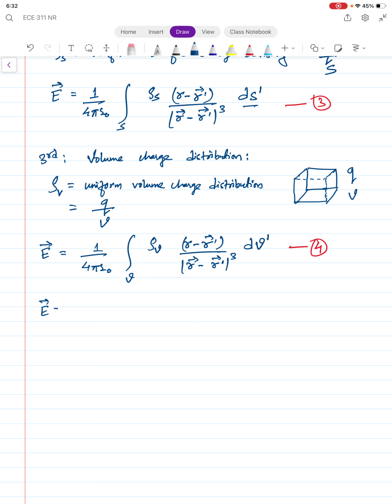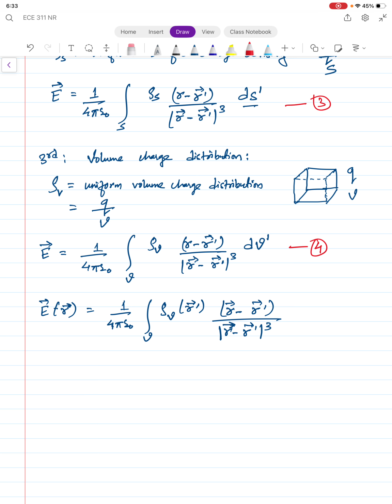E of r, and it means E at some given point which has a position vector r, equals 1 by 4 pi epsilon 0, the volume integral of rho sub v of r prime times r minus r prime, divided by the cube of the magnitude of r minus r prime.